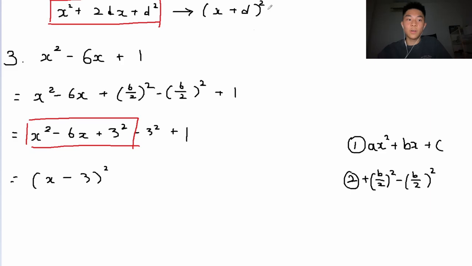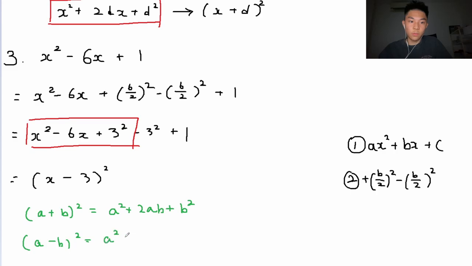I want to go through how that works. Let's say we have (a + b)². We get a² + 2ab + b². But now let's look at (a − b)². And we get a² − 2ab + b².